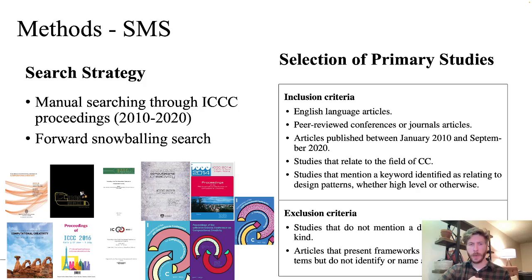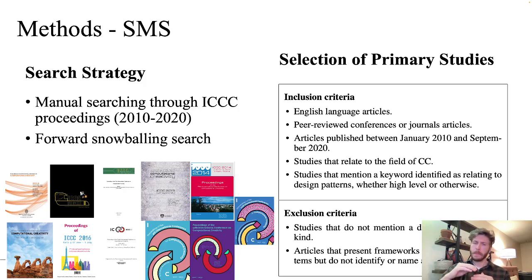And the filtering process would proceed in steps. So we would first look at the titles and abstracts. If papers made it through, we would then look at the introductions and conclusions, and then if they made it through that, full readings would be warranted.